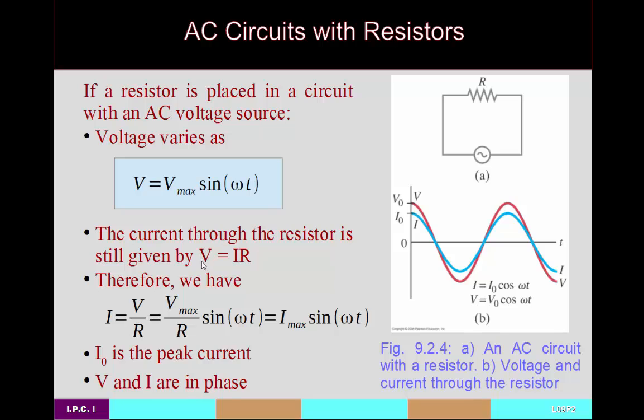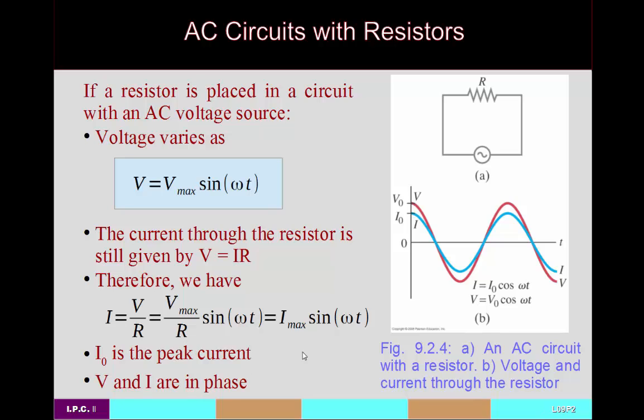The current is given by Ohm's law, so V equals IR. Therefore, you're basically taking everything here and dividing by the resistance R. So I is V over R, that's V max over R, sine of omega t.